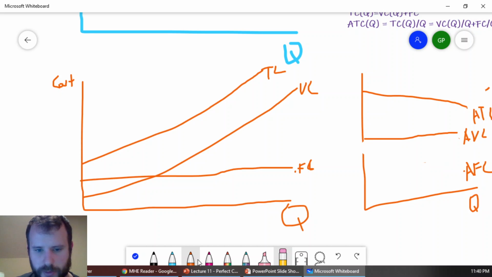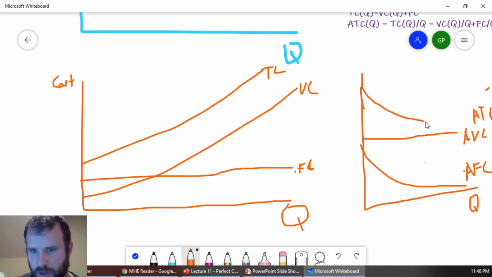Average fixed cost should drop pretty fast, actually. So your average total cost will start to look like this.